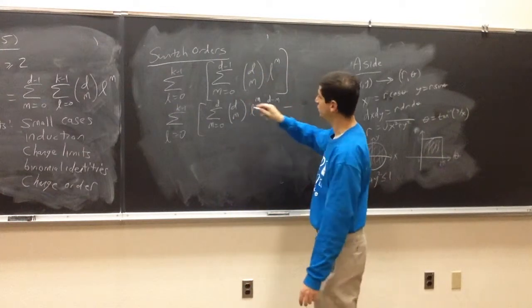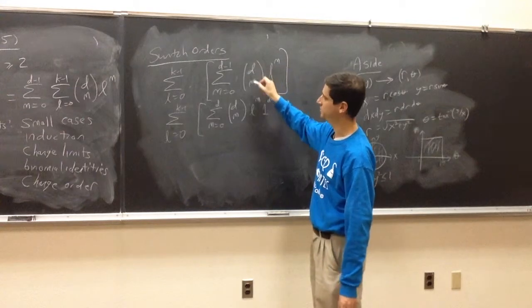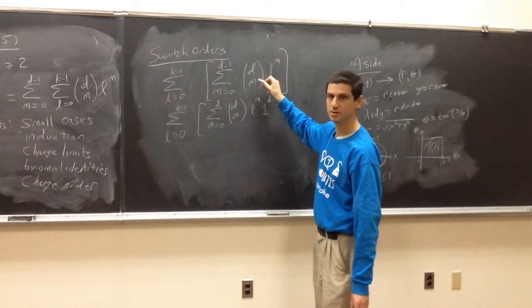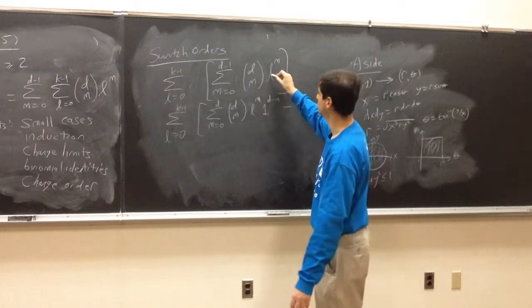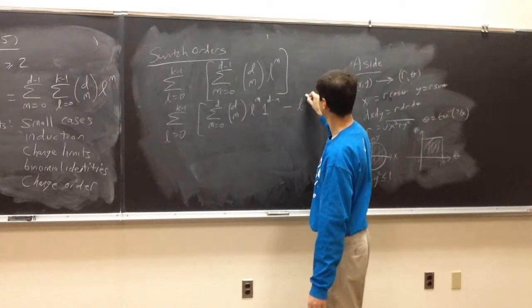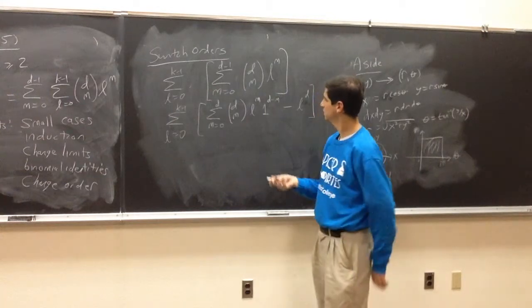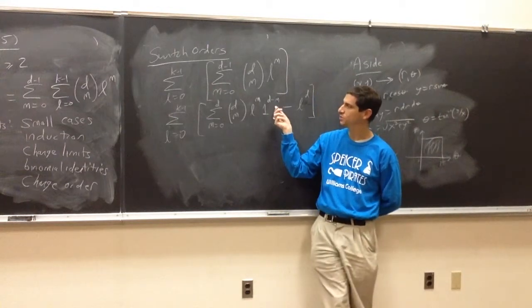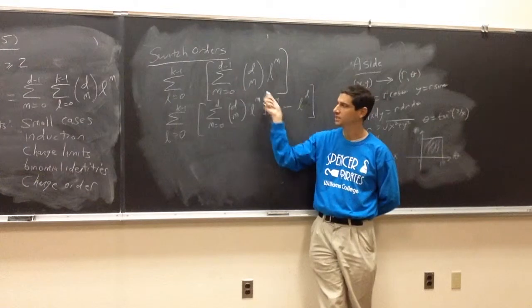And then I'm going to subtract off the term that I added, the term when m equals d. d choose d is 1, so I'm just going to get l to the d. I wrote 1 to the d minus m to really remind myself that this is looking like the binomial theorem.